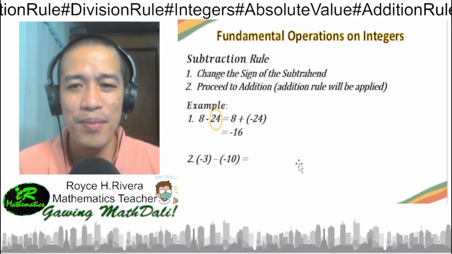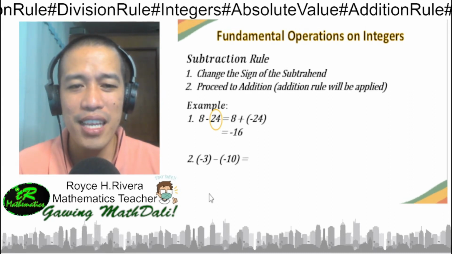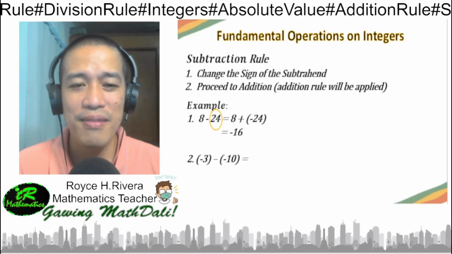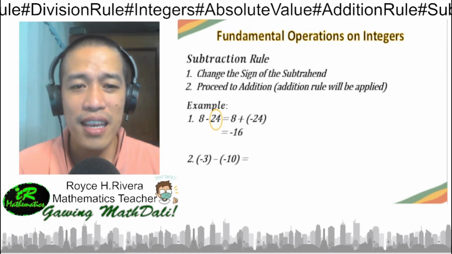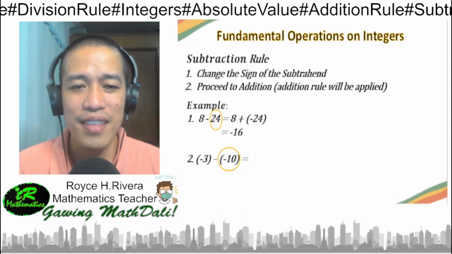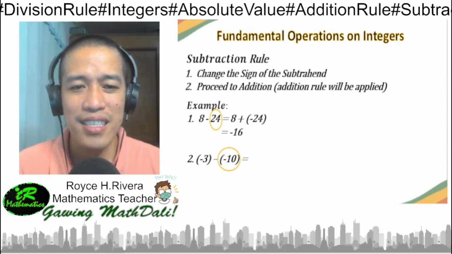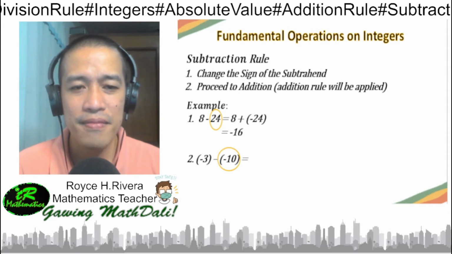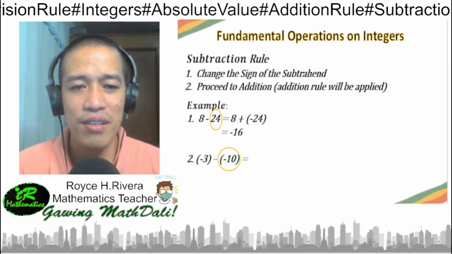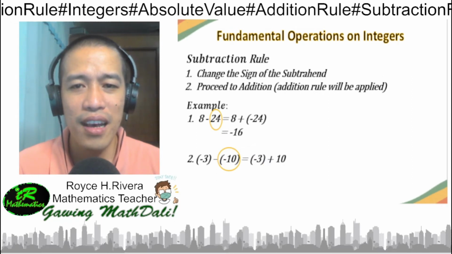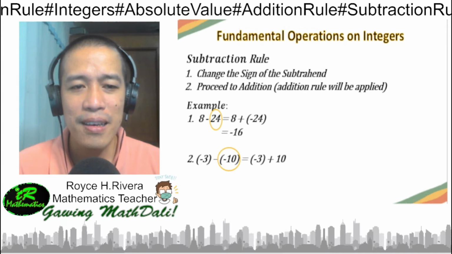Number 2 example. Negative 3 minus negative 10. The subtrahend is negative 10. So we change the sign of that integer and proceed to addition. We will have negative 3 plus 10.